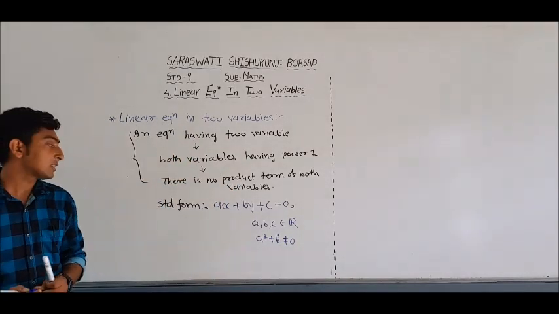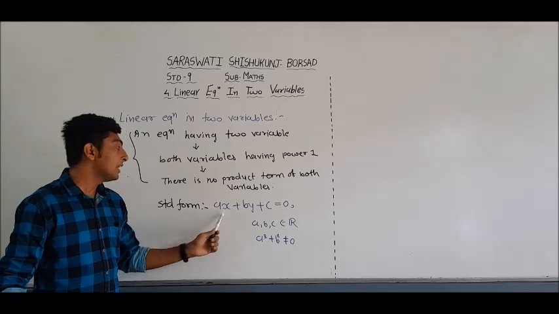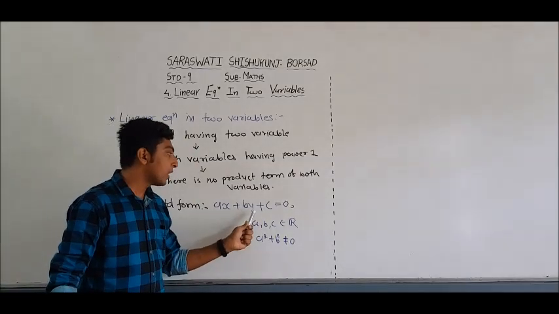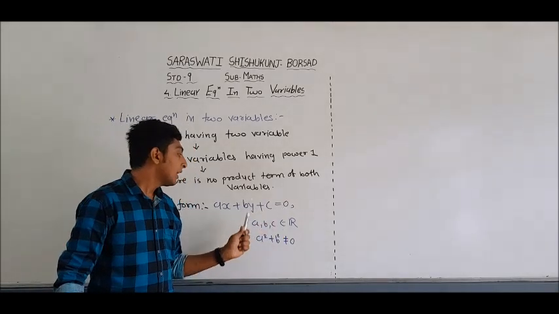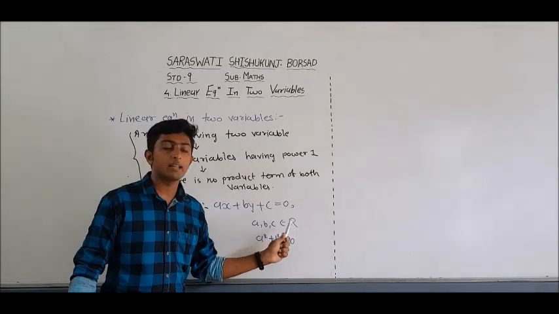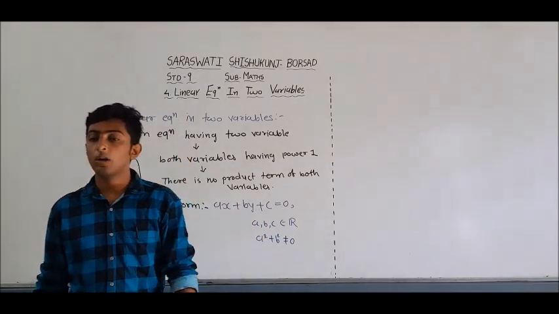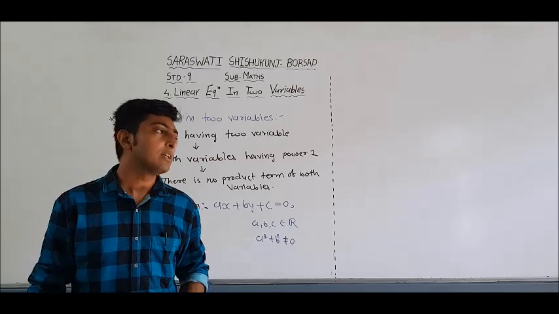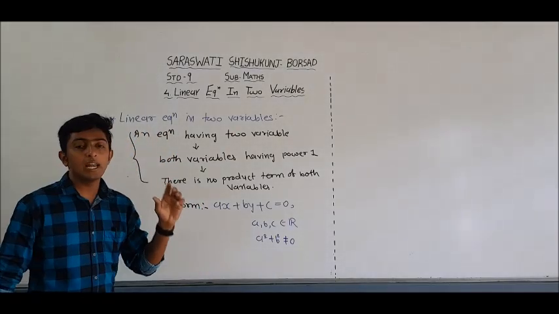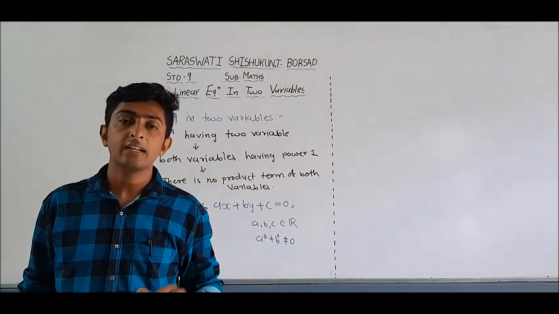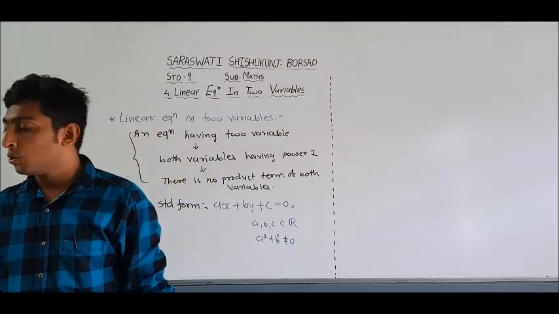So this is the standard form of a linear equation in two variables. Another thing we have discussed is that all linear equations in one variable can be expressed as linear equations in two variables.